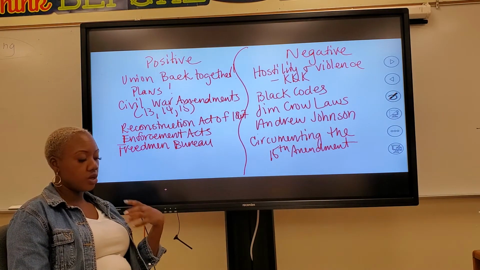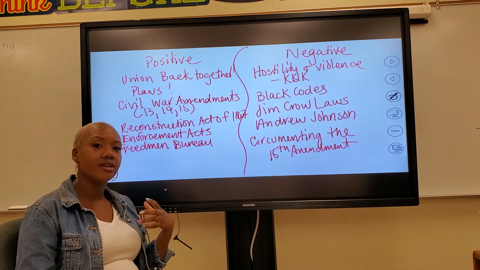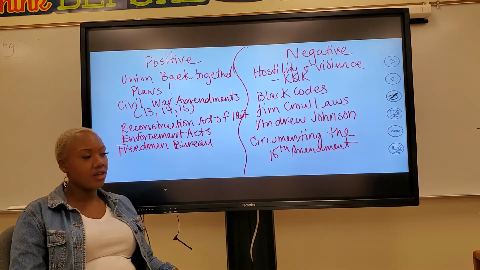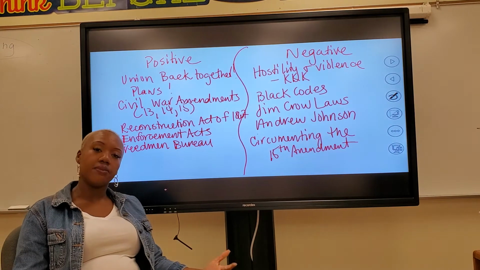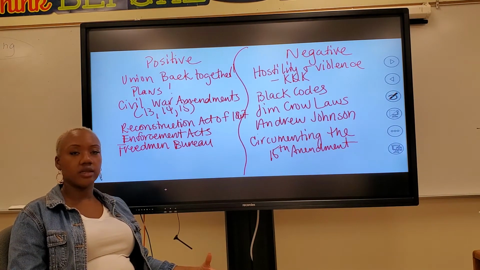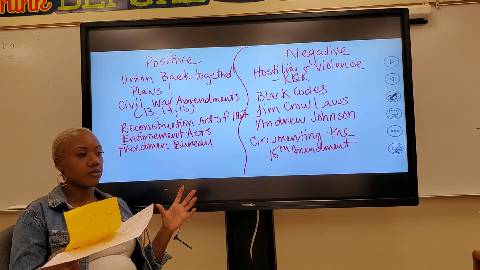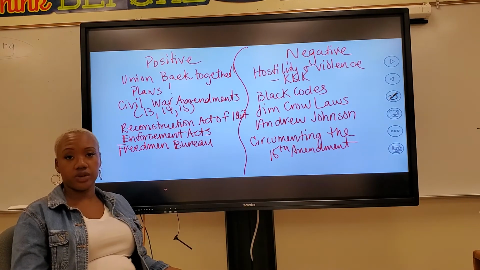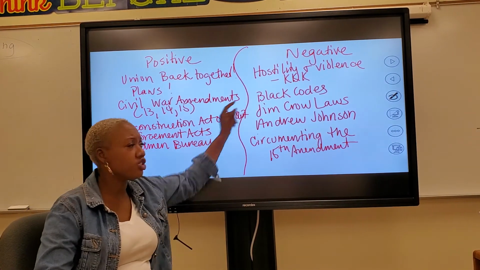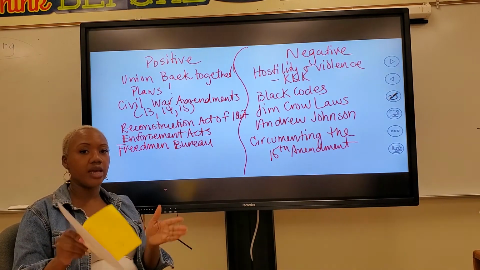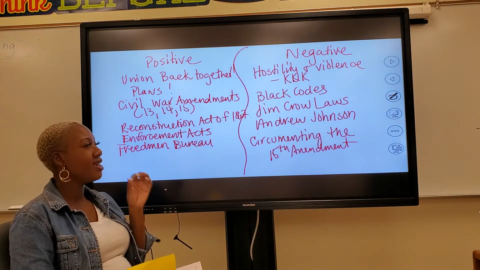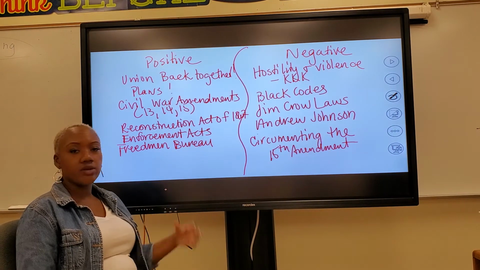Jim Crow laws were created from another court case. The title of that court case is Plessy versus Ferguson. And Plessy versus Ferguson created this separate but equal doctrine, meaning we won't restrict, but what we can do is separate as long as those facilities are equal. So now you have Jim Crow laws.